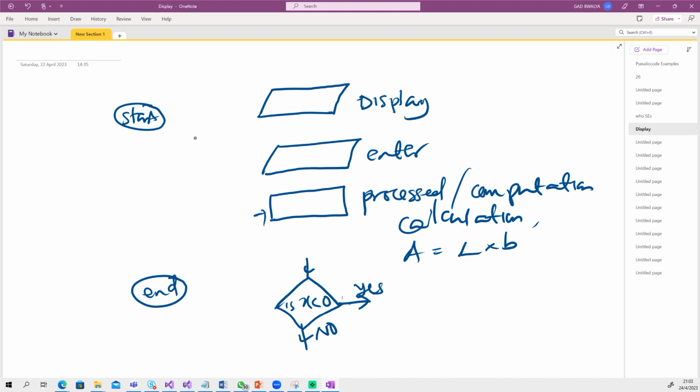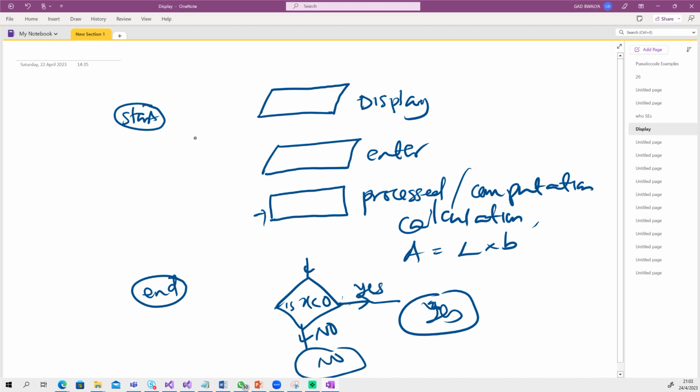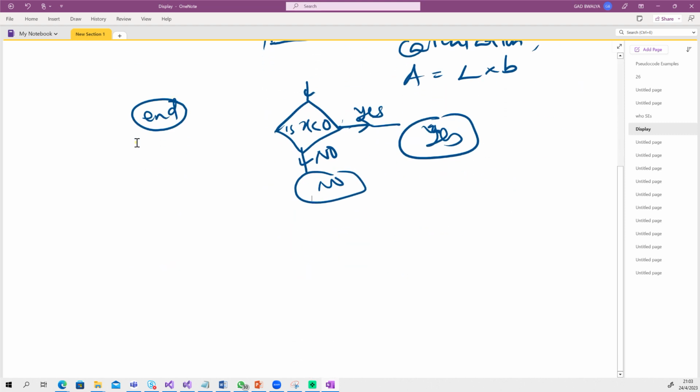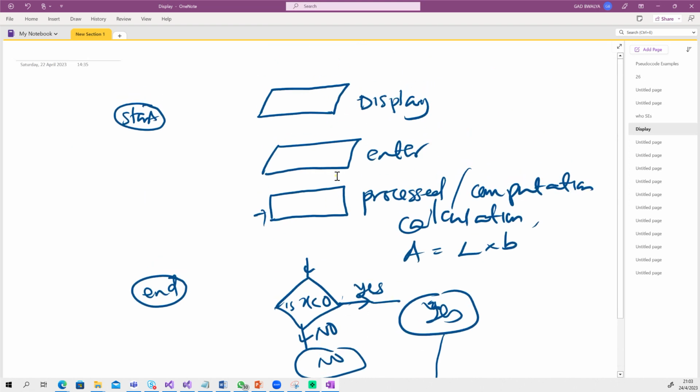If it's yes, some things will be carried out here, and if it's no, some things will be done here. So there are two options to be carried out. Oftentimes, where this line goes and this line goes, they come back and meet somewhere and proceed over here. And how are these connected?